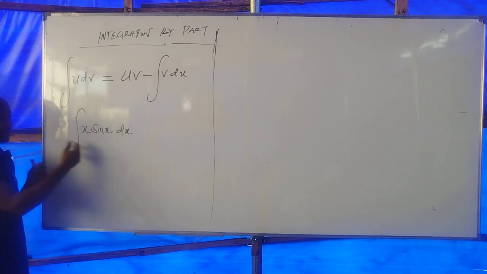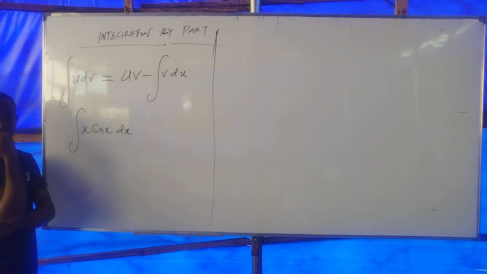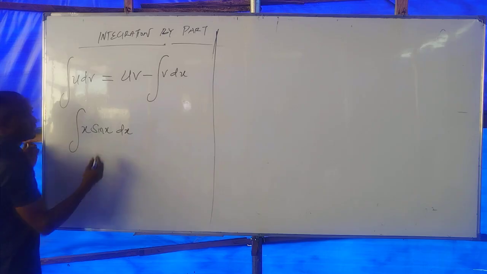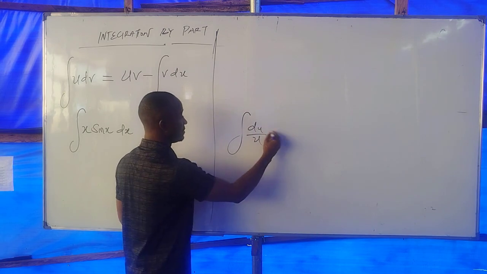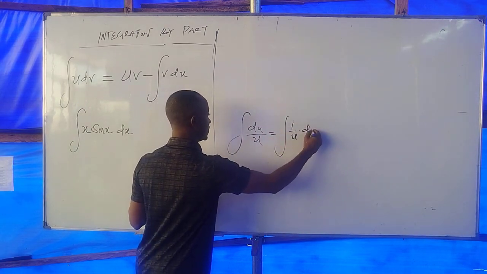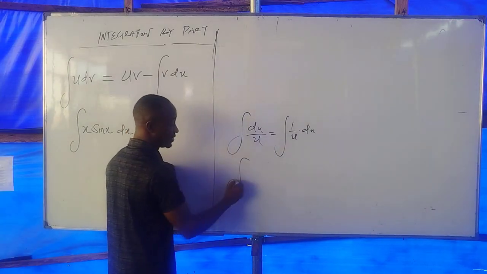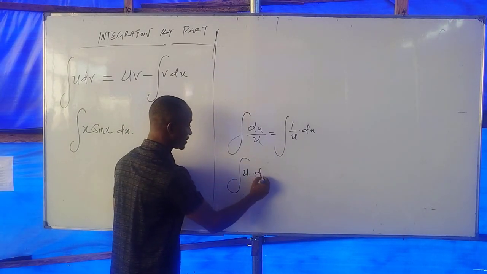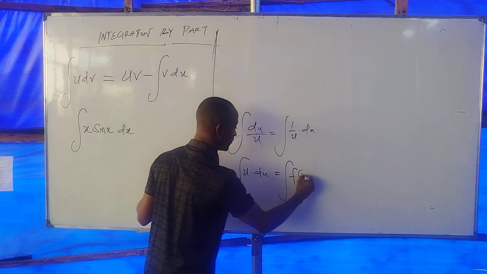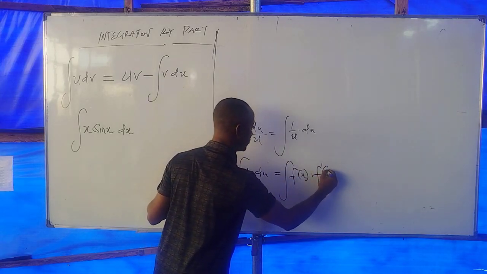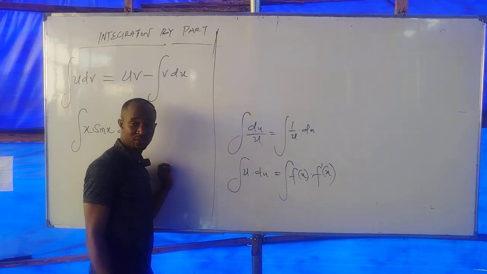I taught you the form of the integral of 1 over u du, and I also gave you the integral of u du, which is the same as f of x times f prime of x.